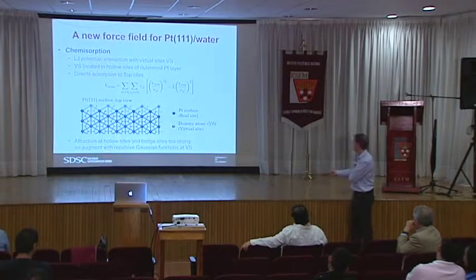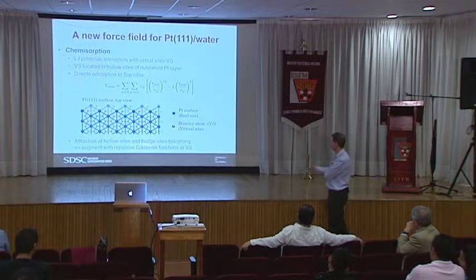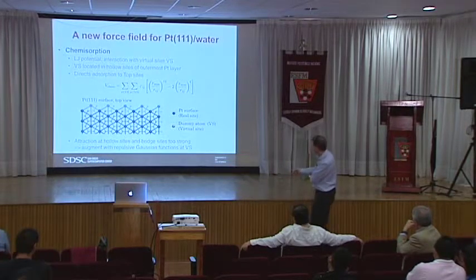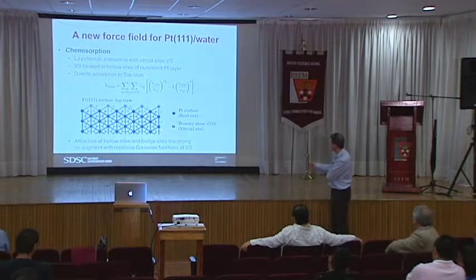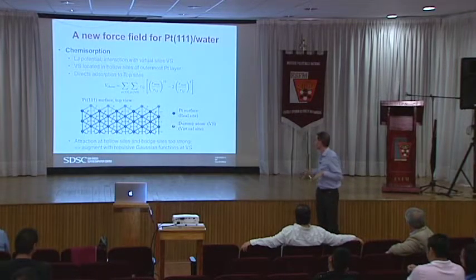The problem is that the attraction at the hollow sites and the bridge sites is too strong. In other words, the corrugation of the surface potential is not strong enough. So we augmented this with repulsive Gaussian functions sitting at the virtual sites that push the water a little bit away from the virtual sites.